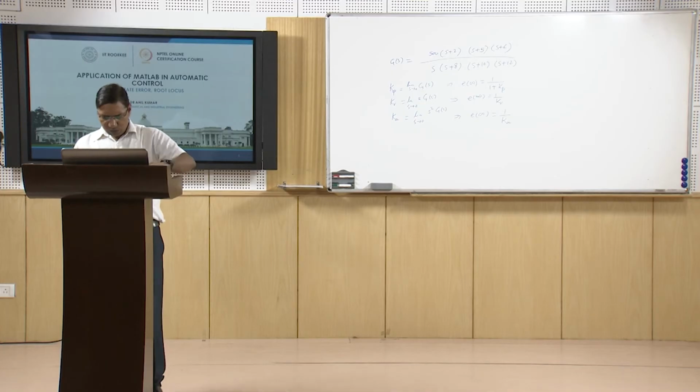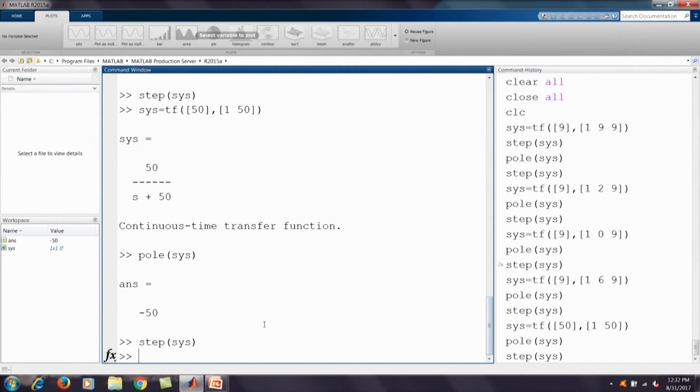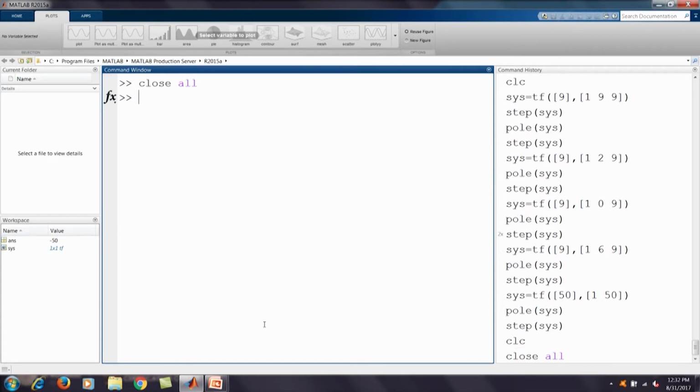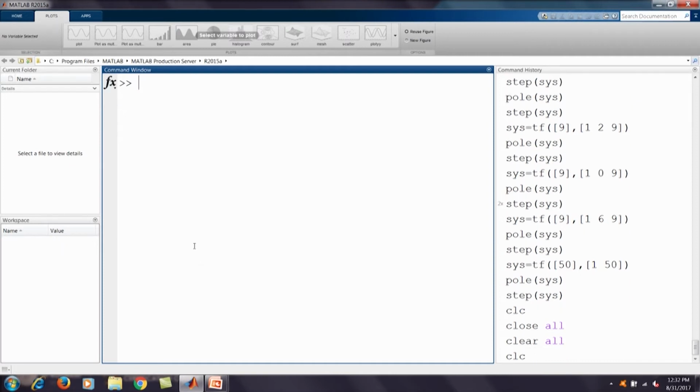So let's first define the numerator and denominator. First we clean the screen, clc, close all and clear all. So we clear the workspace and close all the figures, and then again we clean the screen. Now let's define numG equal to 500.